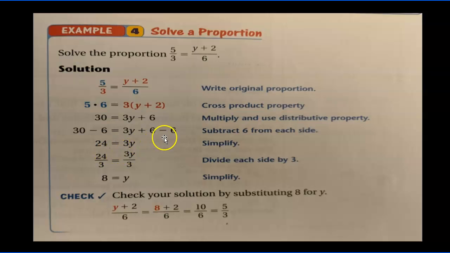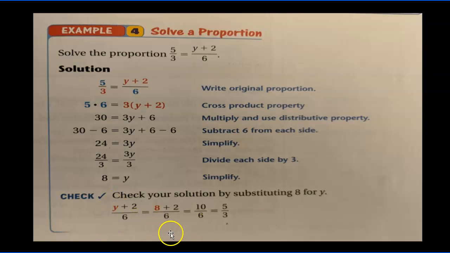Then I start doing all my magic and manipulation, and I'm left with 24 equals 3y. Hopefully we remember. Remember we subtract 6 from both sides? Then we are going to have to get rid of that 3 in front of the y, because we can't have a number in front of the y. We divide by 3, we divide by 3, and we are left with y equals 8. Then we can actually go back and pop that into our equation.